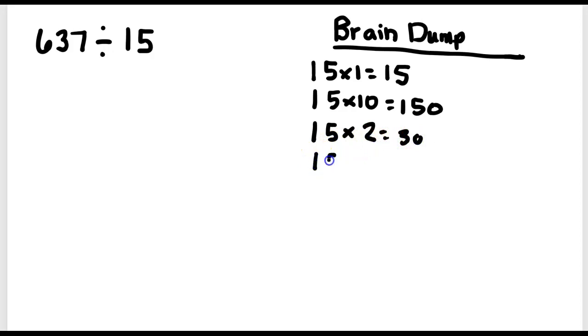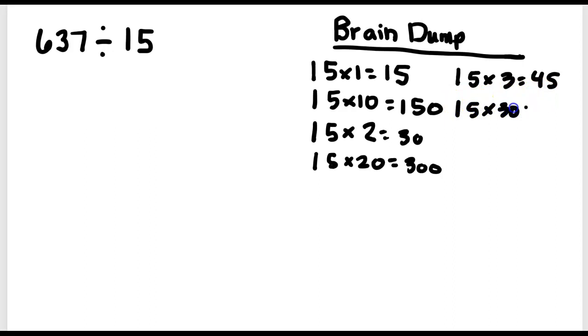Then I know that 15 times 20 is 300. 15 times 3 is 45. If I know 15 times 3 is 45, then I know 15 times 30 is 450.